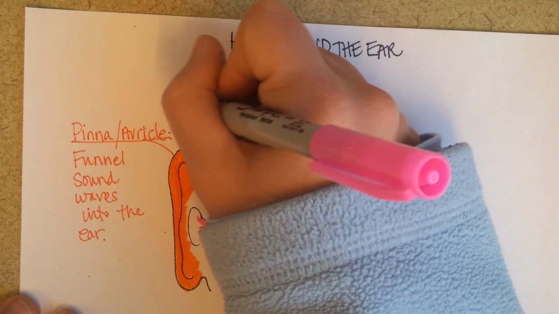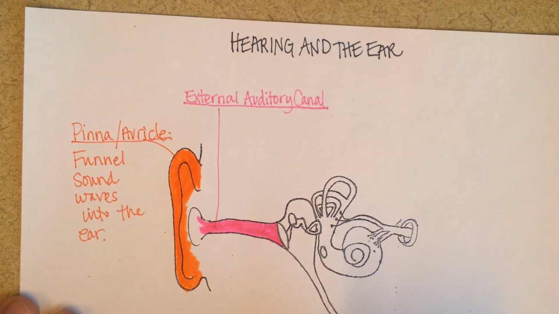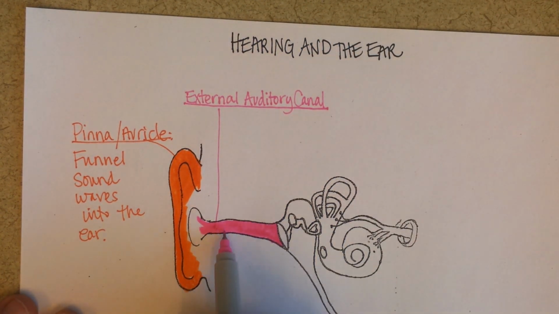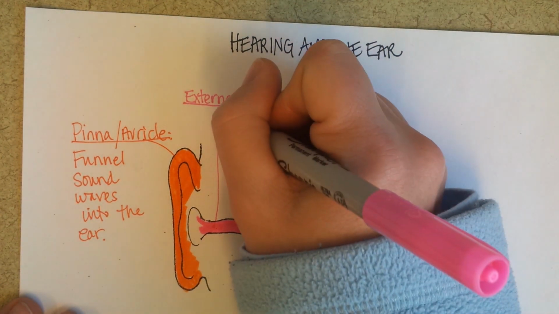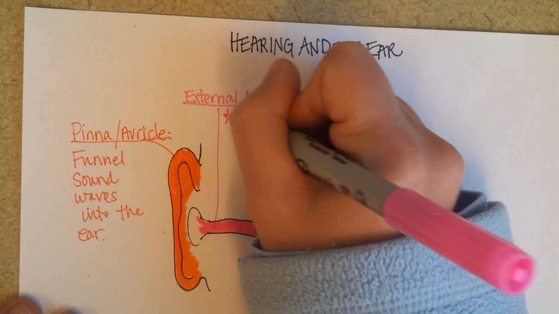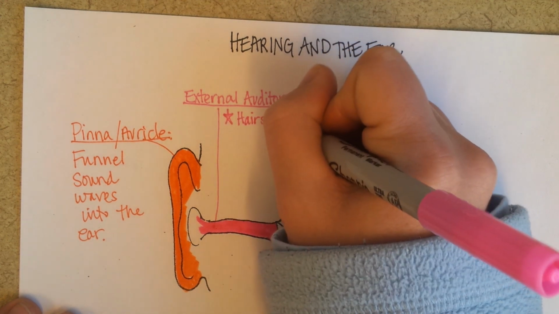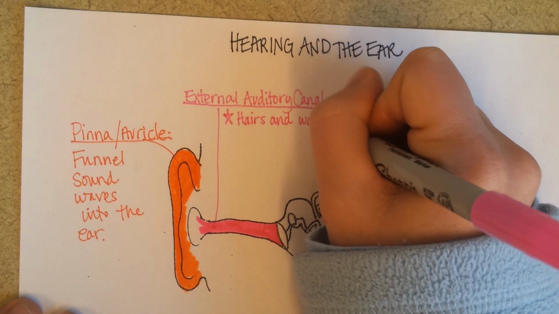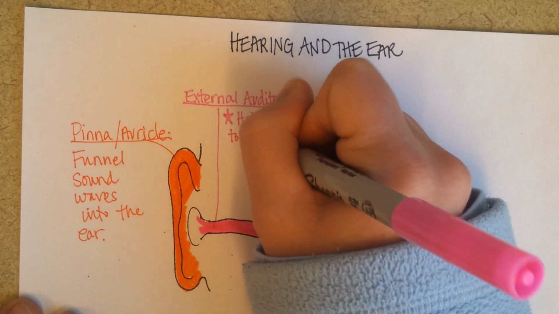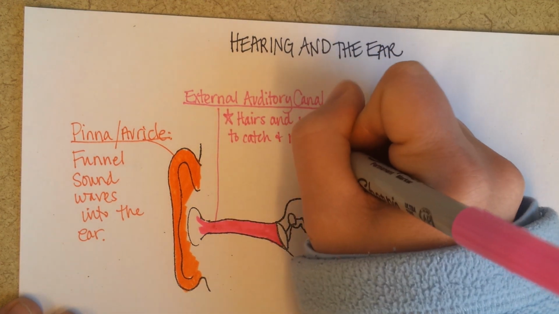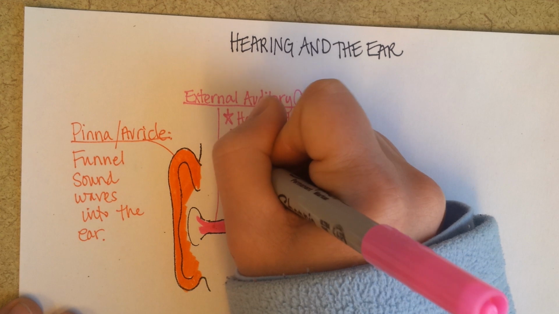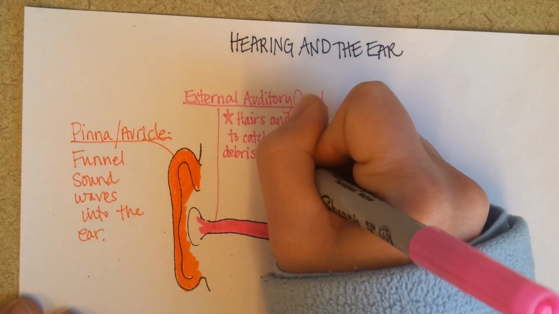Either one is okay. And the sound waves then move through the external auditory canal. And there are also hairs and wax to catch and move debris out of the ear.